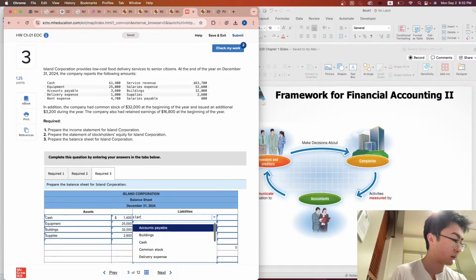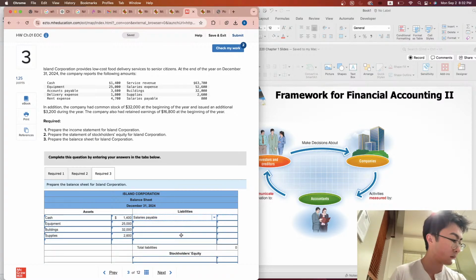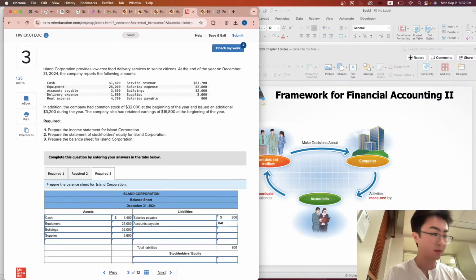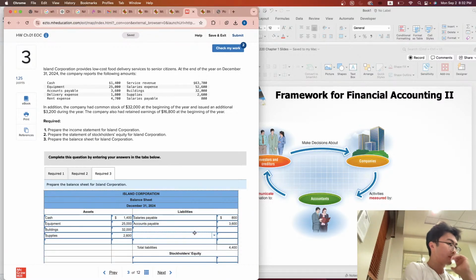Okay, so salaries payable. And what else is there? Accounts payable, we have 3,600. I think that's it. So billings, salaries payable, got that.